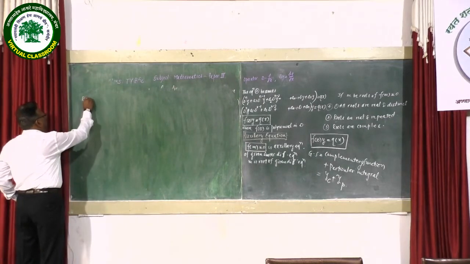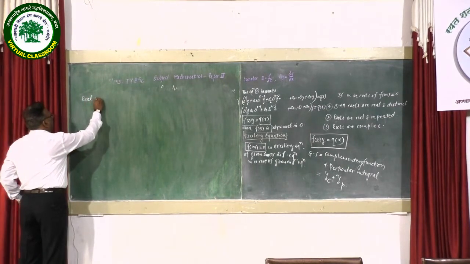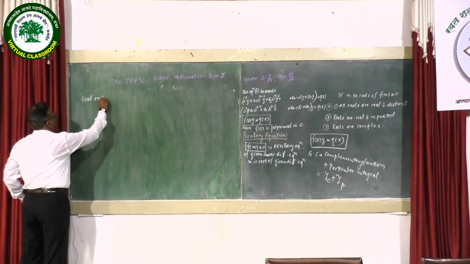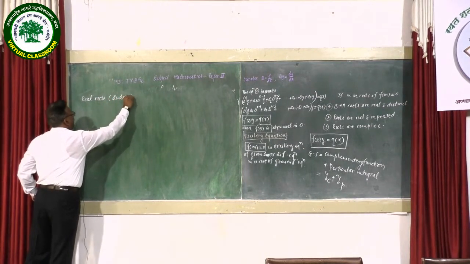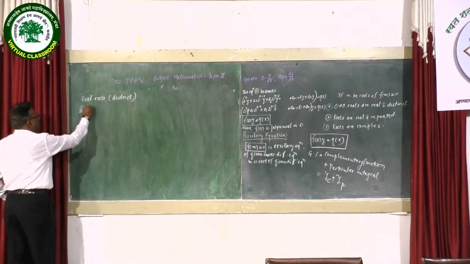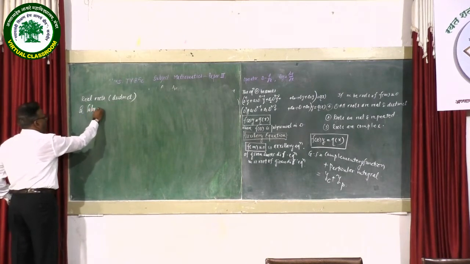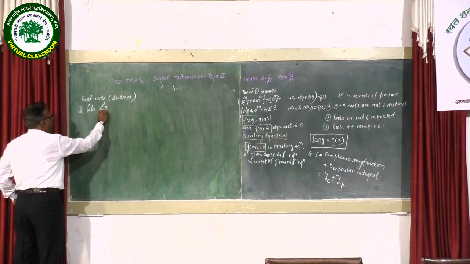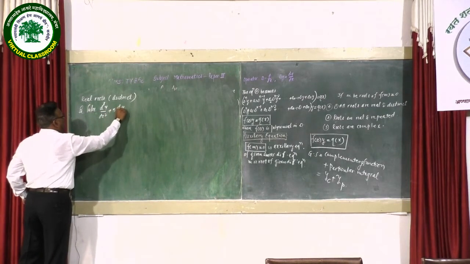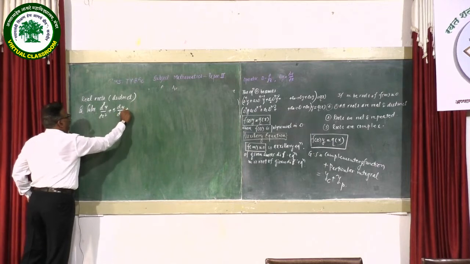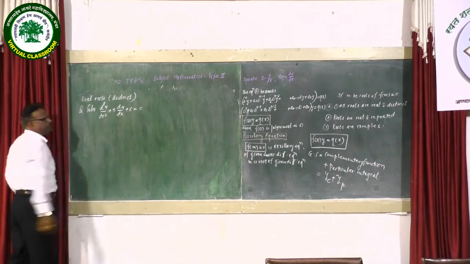Real roots, they are distinct. Example: solve the differential equation d square y by dx square plus 5 dy by dx plus 6y is equal to 0.